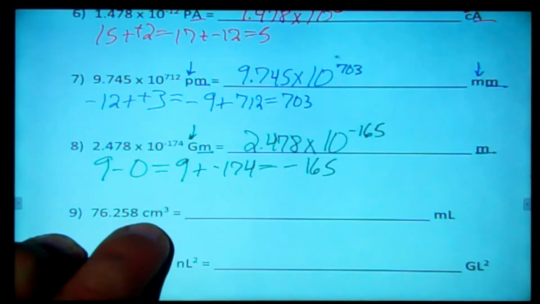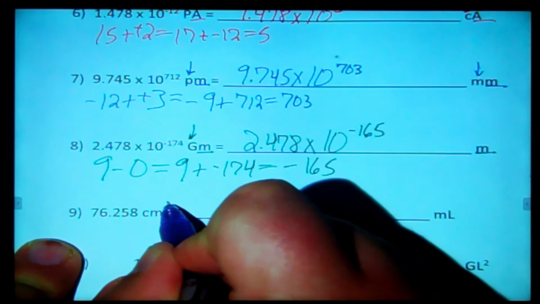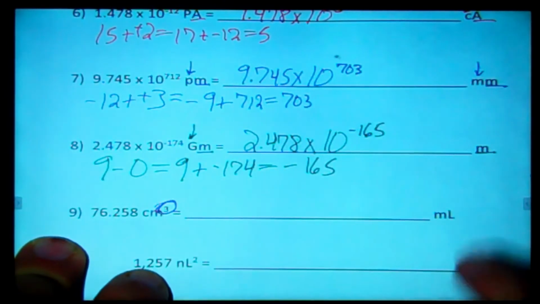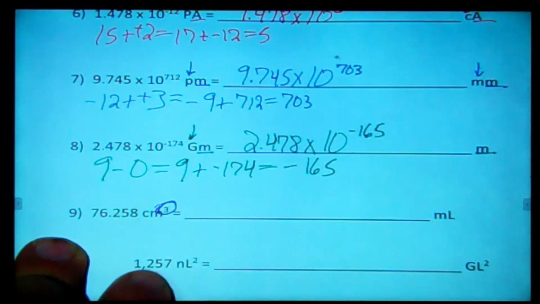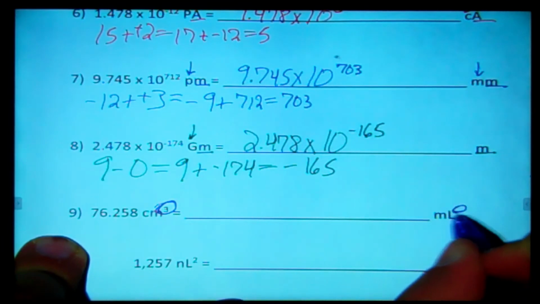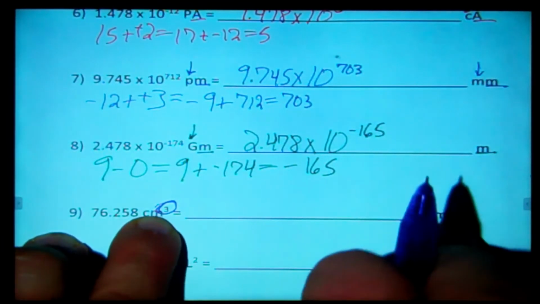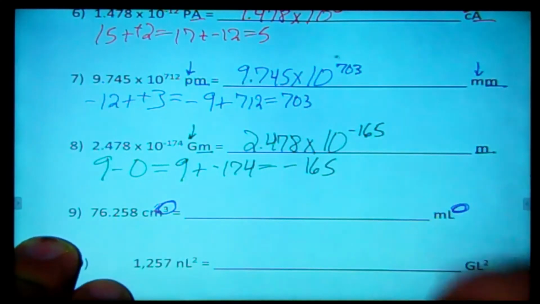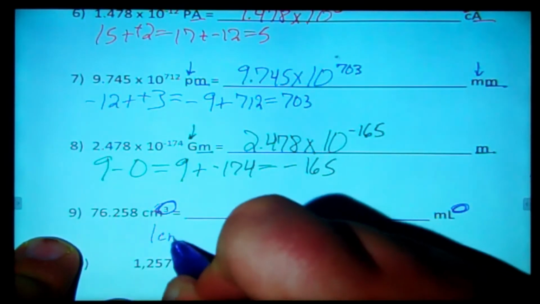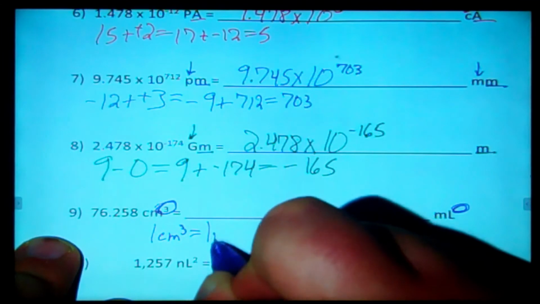So I start here and I'm like, whoa, this is cubed. I go over here and there's nothing there. It's blank. Take a look. We went from cubic centimeters to milliliters. Remember that 1 cubic centimeter is equal to 1 milliliter.